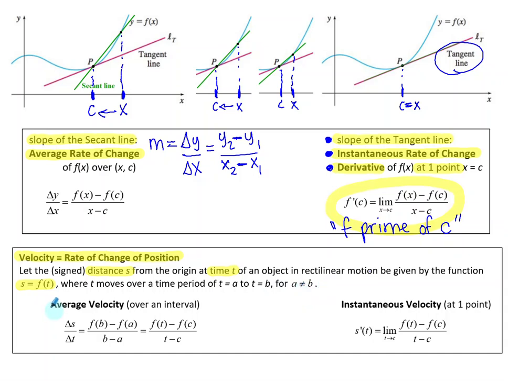The average velocity, and of course that means over an interval, is this average rate of change, the change in y, in this case the change in position, over the change in time.